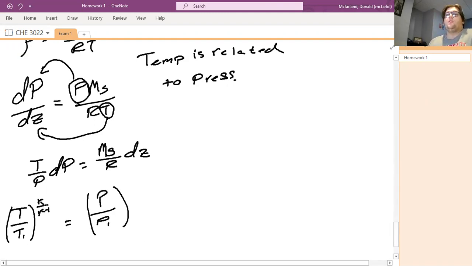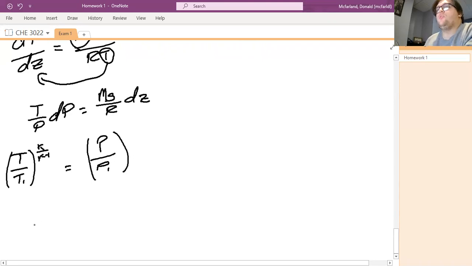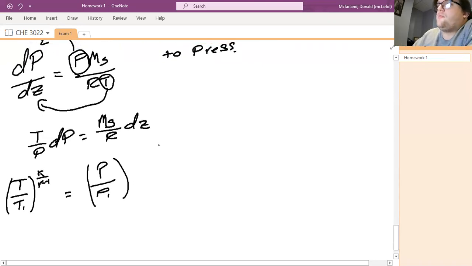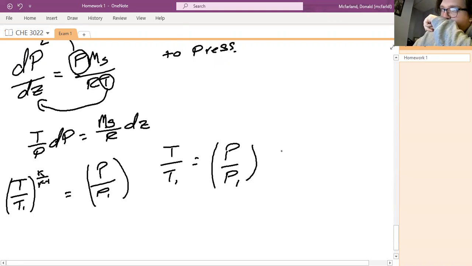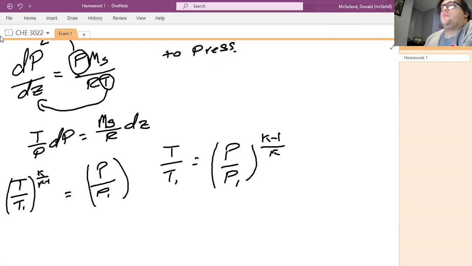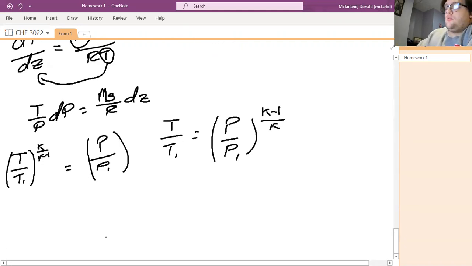To get rid of the exponent, we're just going to raise everything to the reciprocal, which will make it T over T1 equal to P over P1 to the K minus 1 over K. So with that relationship, what we can do is we can plug it in for T. So let's go ahead and get the constants out of there.